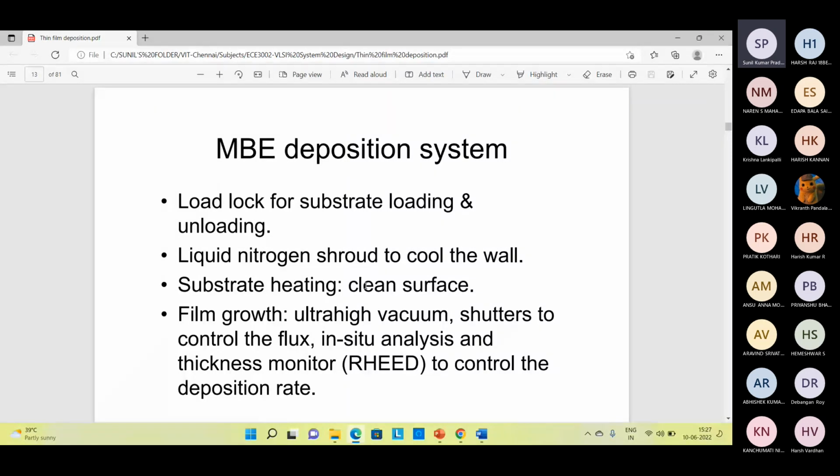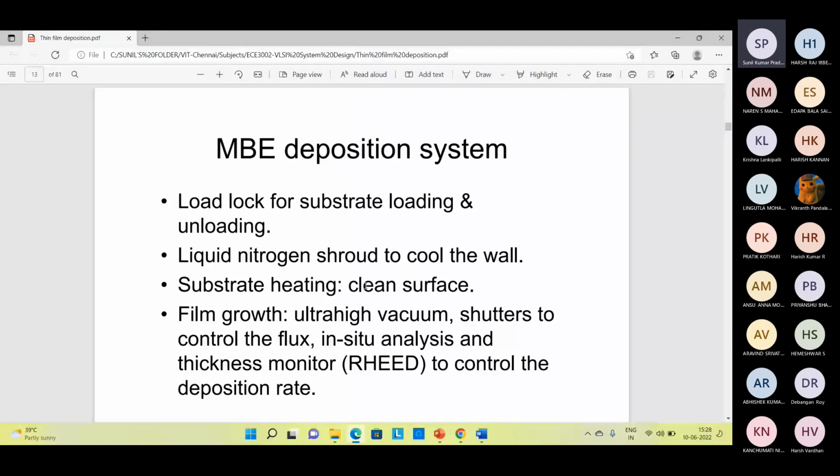Now, substrate heating is done to clean the surface, and whatever films are deposited on the substrate. There is a thickness monitor, which is monitored by RHEED. So with reflection high energy electron diffraction, we can see or measure the thickness on the substrate, and the deposition rate we can also measure by this thickness monitor.